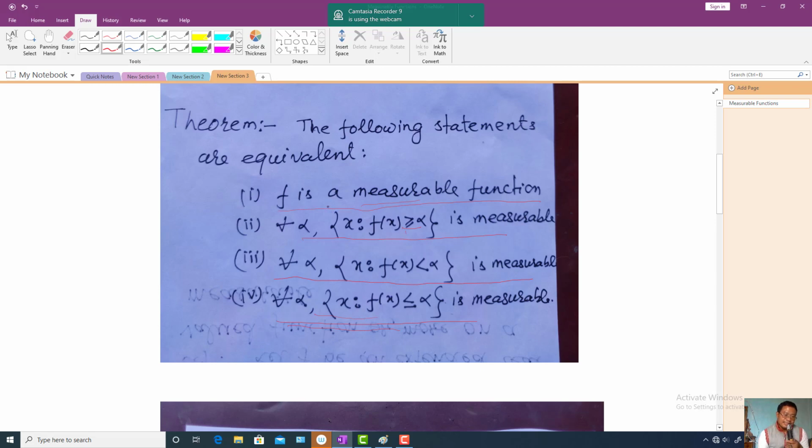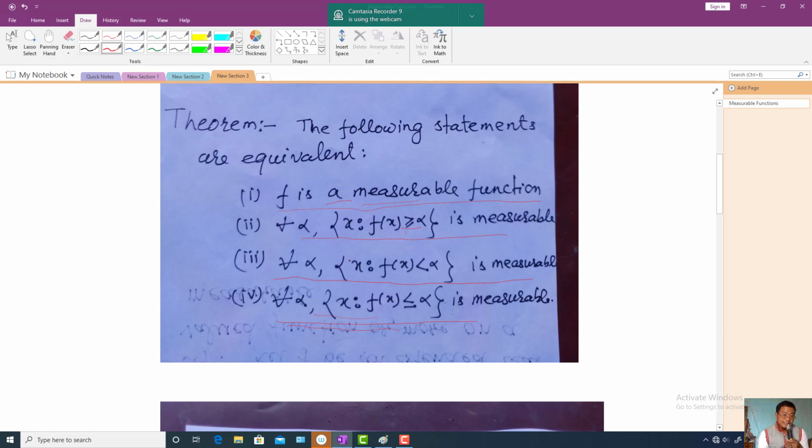Okay, that means this can be regarded as a definition of the measurable function. Since these four statements are equivalent, each one of the statements can be regarded as a definition of measurable function.